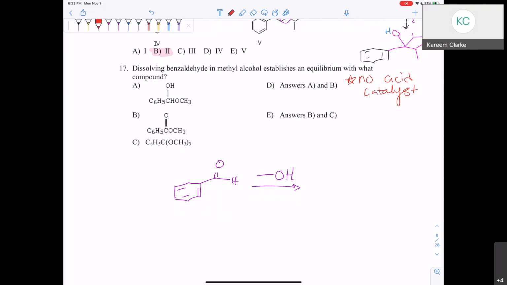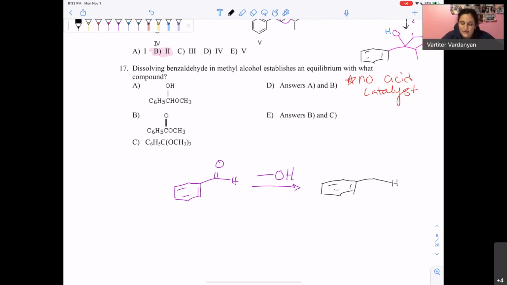So acid, it goes to completion, but with no acid catalyst, it will be the hemi product. It will be the hemi. Perfect. So we're going to keep the bottom part exactly the same. So this part stays the same. We add one OR group, but on the other side, we keep an OH, and that is the hemiacetal. So which answer is correct?